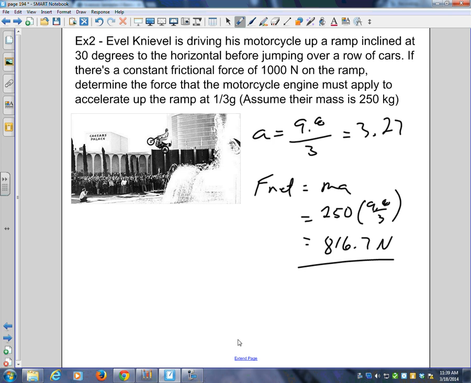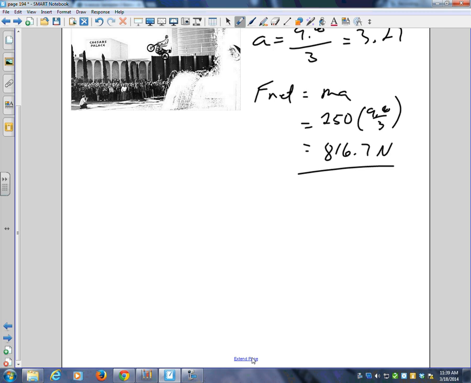So this is the way I look at it here. I'm going to write that the net force is going to be the applied force up the ramp caused by the motorcycle engine, as well as the friction force, FF, as well as FD. The net force on the bike is the vector combination of those three forces.